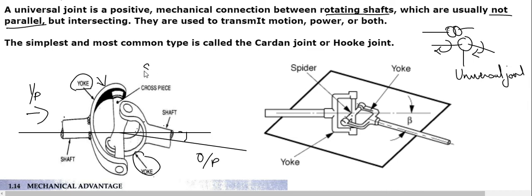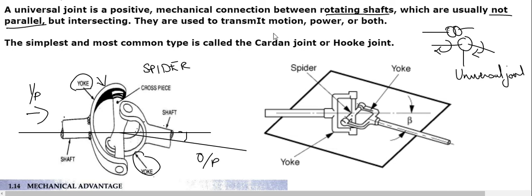This cross piece is sometimes known as the spider, as mentioned in this figure. This spider will spin in this bearing when the shaft rotates. So yoke, spider or cross member, and two shafts.